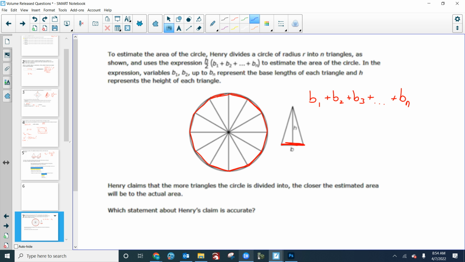It looked like I traced the polygon perimeter, and it's almost like I traced the what of the circle? Circumference of the circle. Right? As the number of triangles increases, the perimeter of the polygon approaches the circumference of the circle.